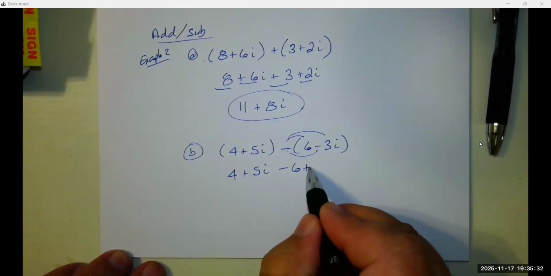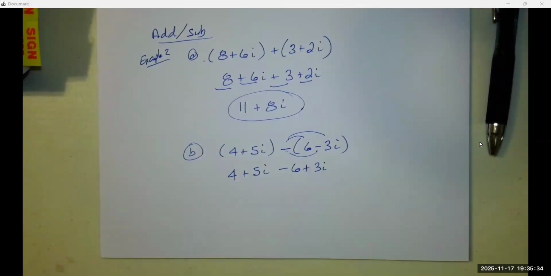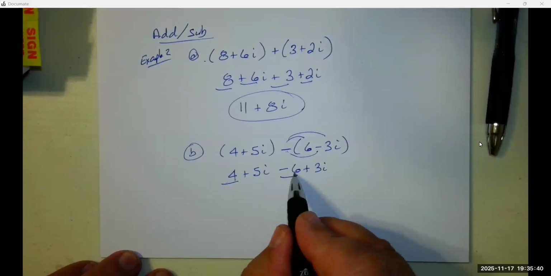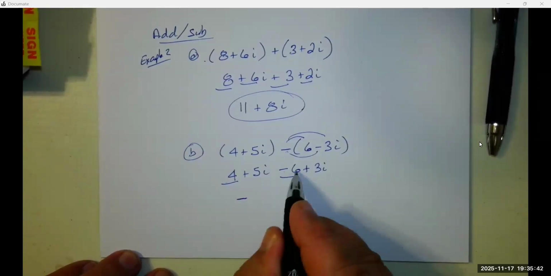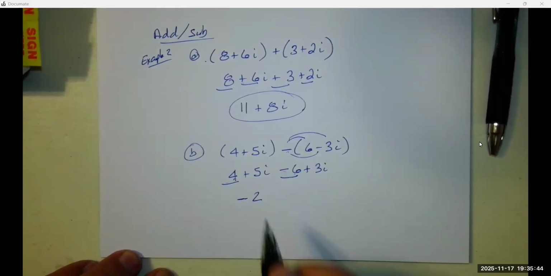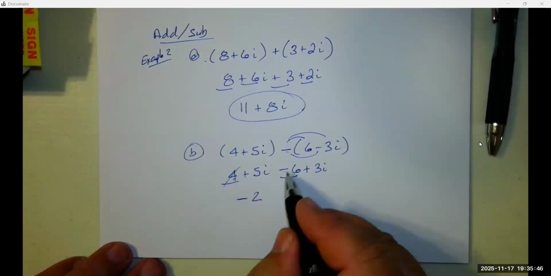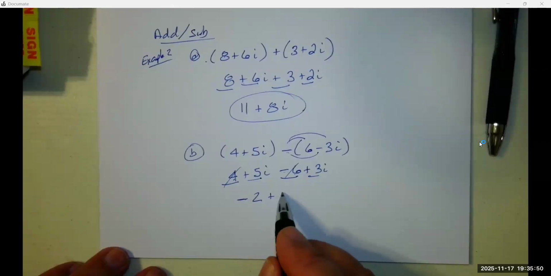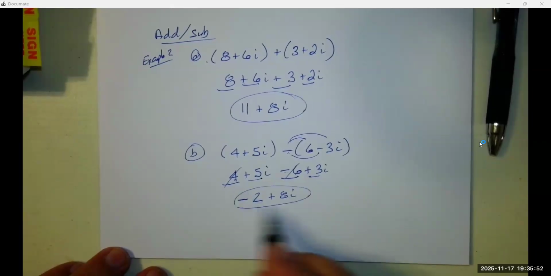Negative times negative is a positive 3i. Combine like terms. 4 minus 6. 6 is bigger, so the answer is negative. 6 minus 4 is 2. Positive 5, positive 3 is a positive 8i.